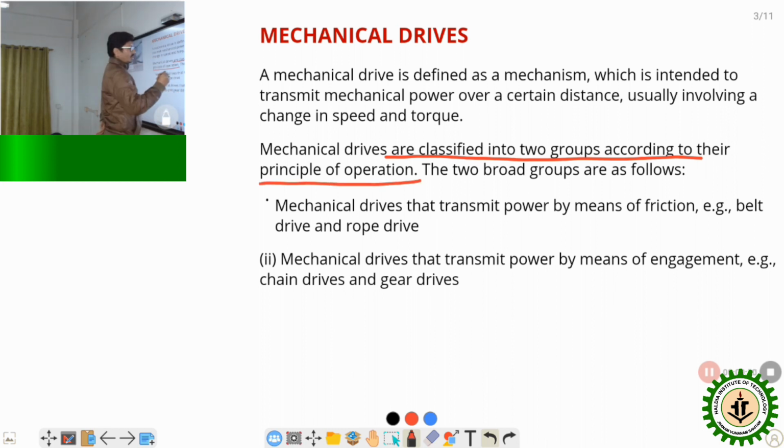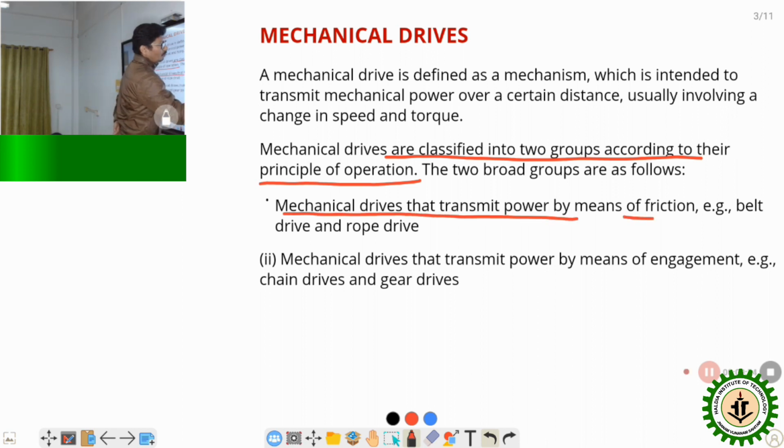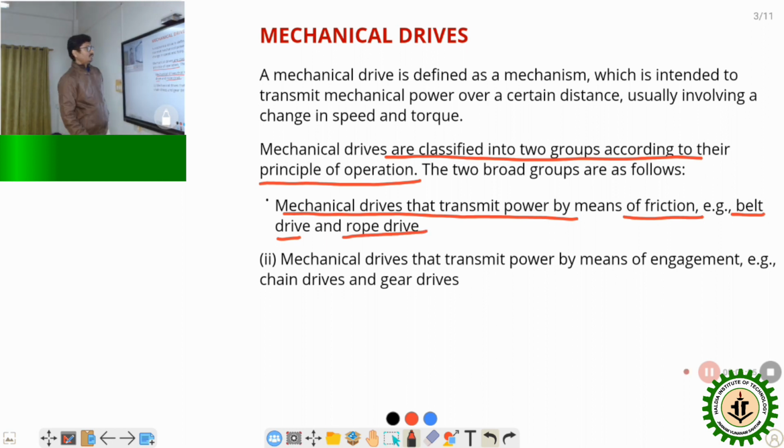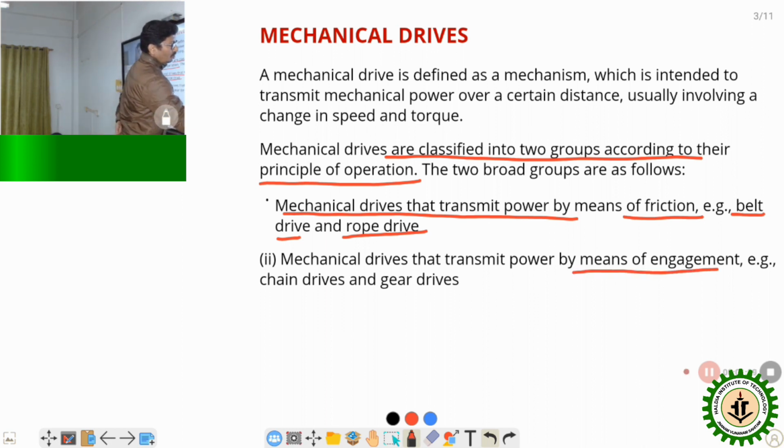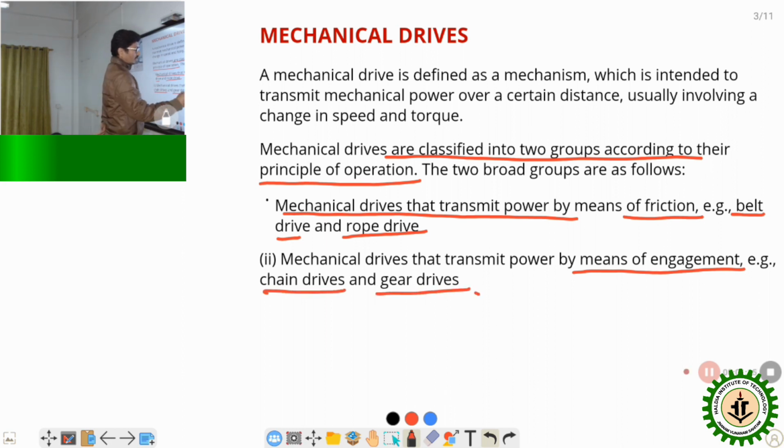The first is the mechanical drives that transmit power by means of friction, for example belt drive and rope drive. And those where transmission takes place by means of engagement of machine elements are called chain drives and gear drives. Today our main emphasis is on gear drives.